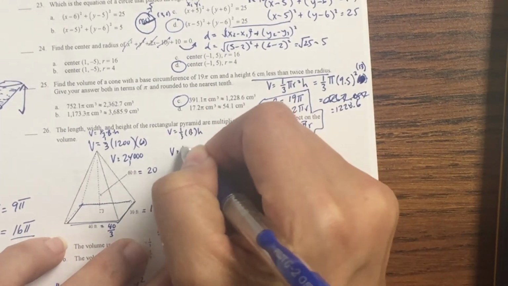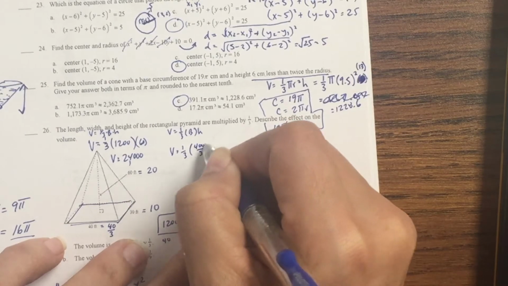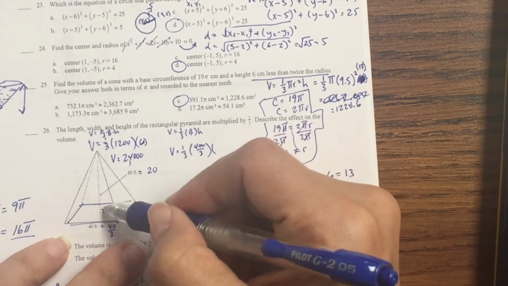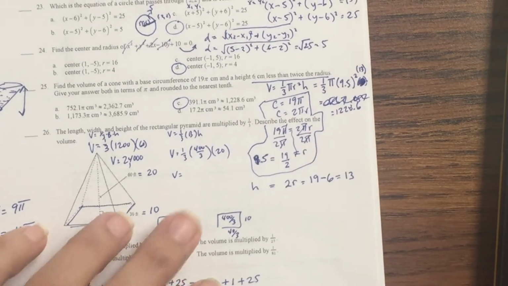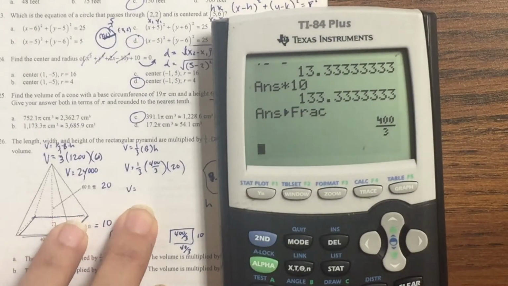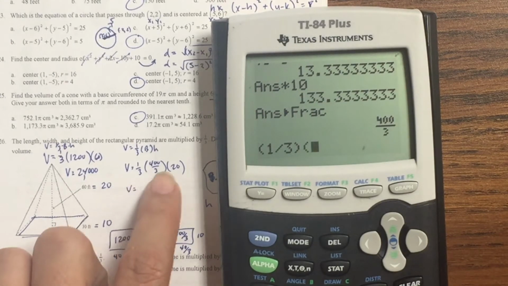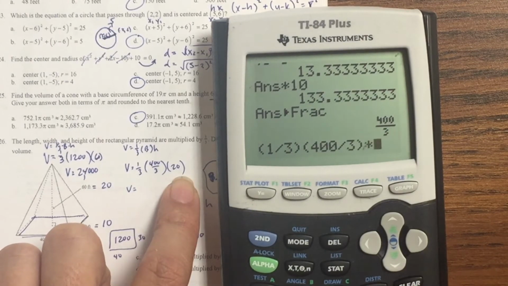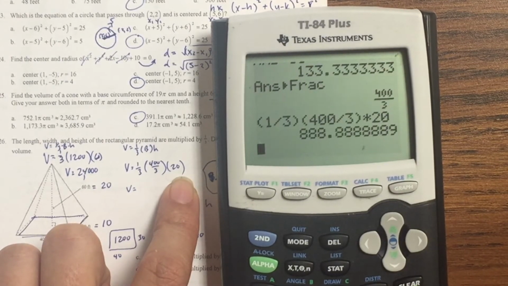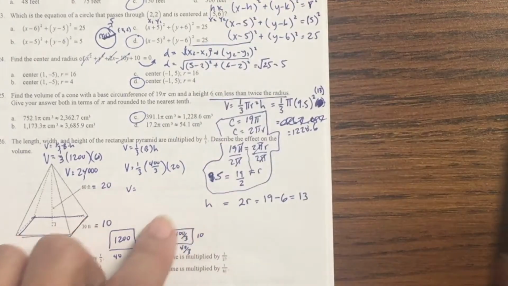So volume is 1/3 the area of the base, which is 400 over 3, times the height. The height is going from 60 to 20. So volume equals, and now we're just punching all that in. 1 divided by 3, parentheses, 400 divided by 3, times 20. And then math, enter. 8,000 divided by 9.